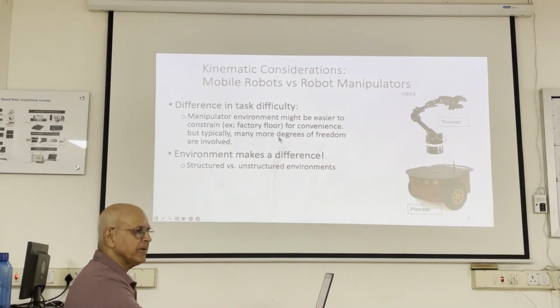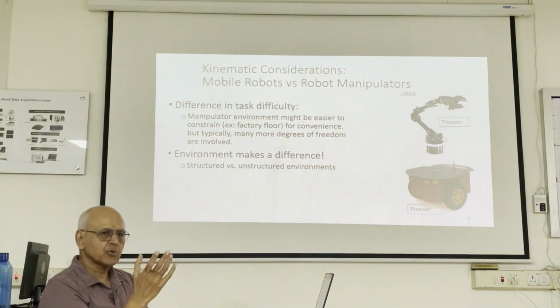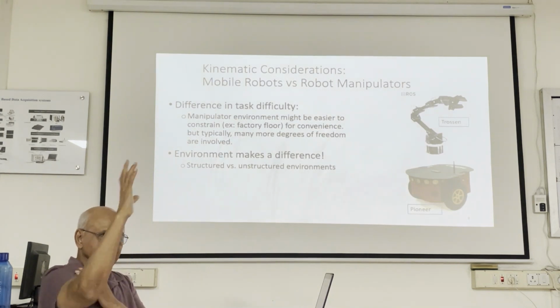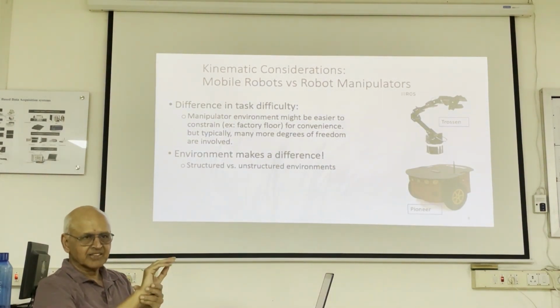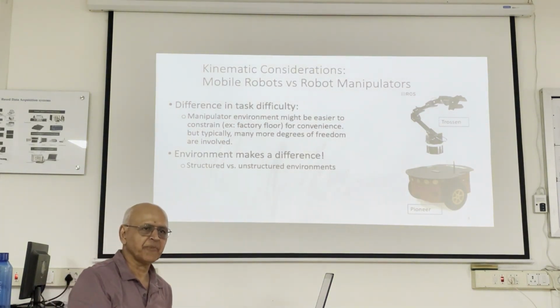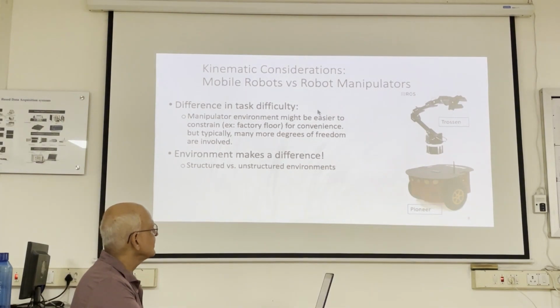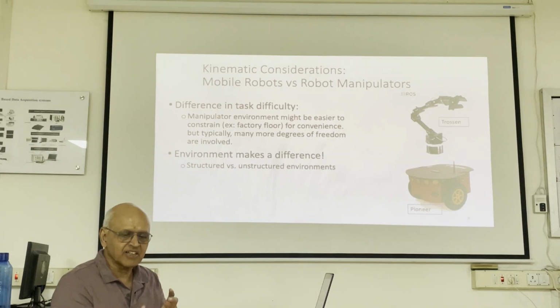But on the other hand, many more degrees of freedom are involved. Our right arm has something like 23 degrees of freedom. Did you know that? Just the right arm, because each joint, wrist, elbow, and so on, count, it's 23 degrees of freedom. Now, most of these manipulators don't need that many degrees of freedom, because too complex is not a good idea unless it helps the task.